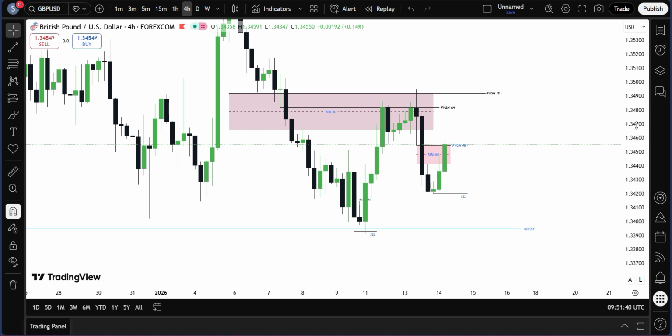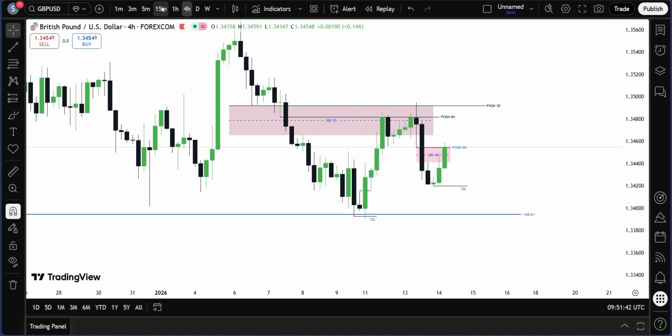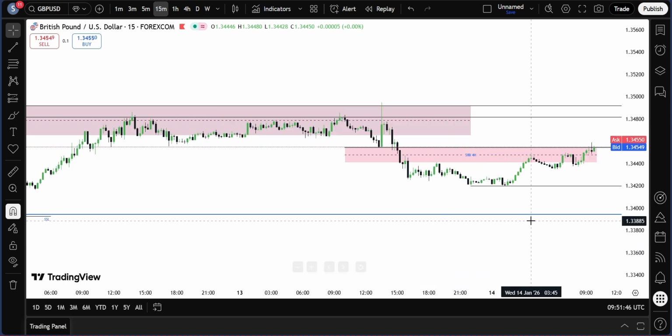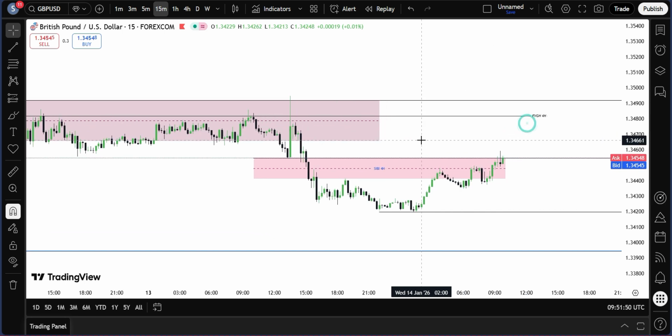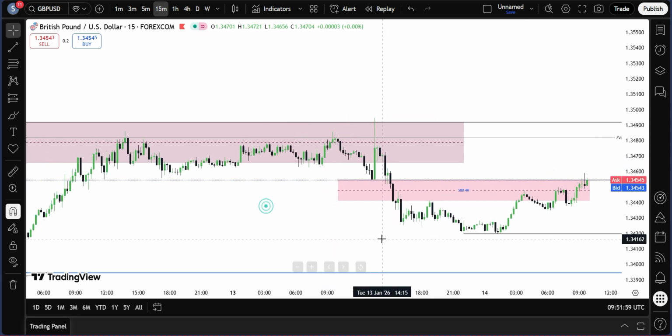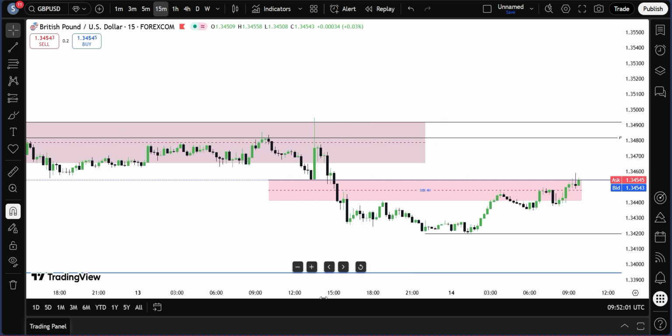So what we are going to do is to go down to the 15 minutes chart and then look for the corresponding premium area around that fair value gap high, and that is around this place.